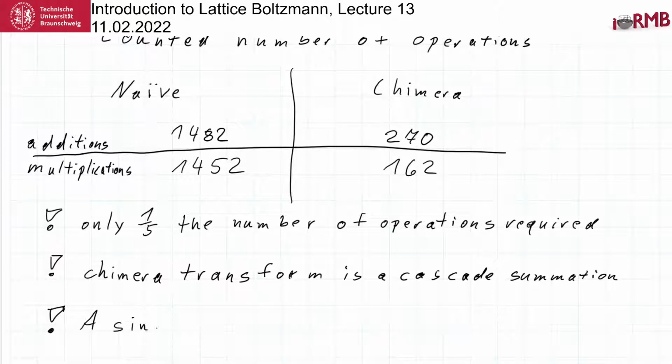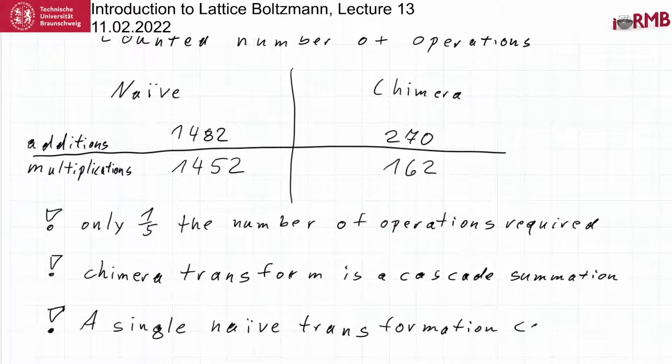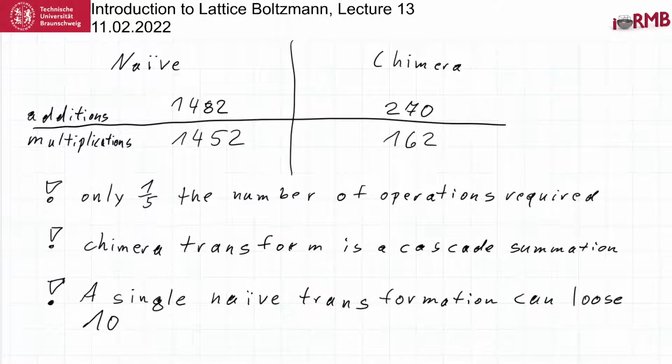What we have measured is that in one time step, at one lattice node, a single naive transformation can lose 10 significant bits more.